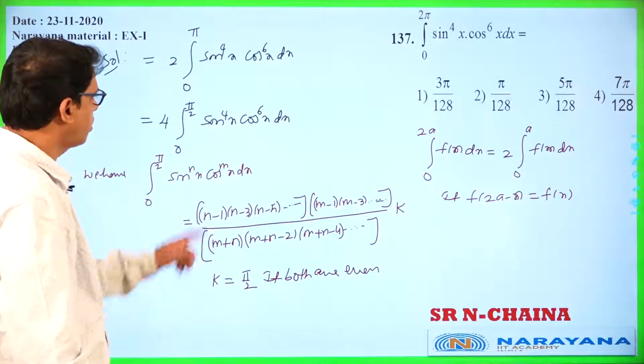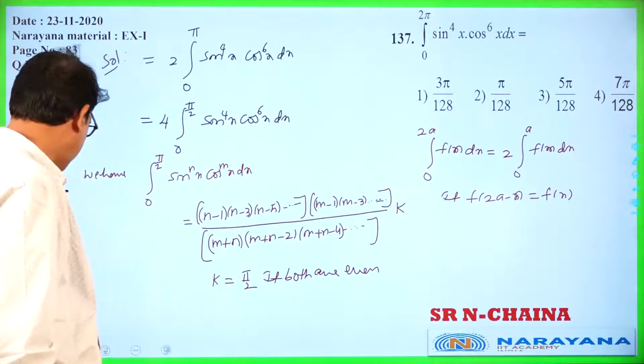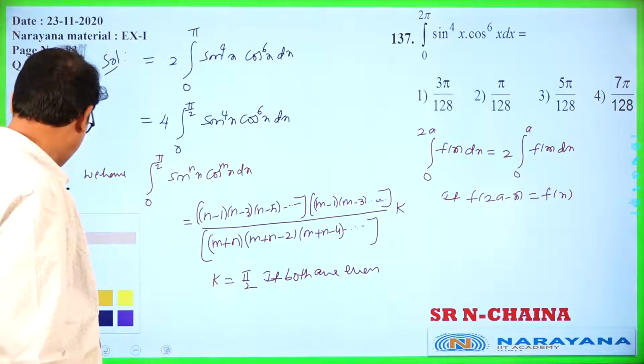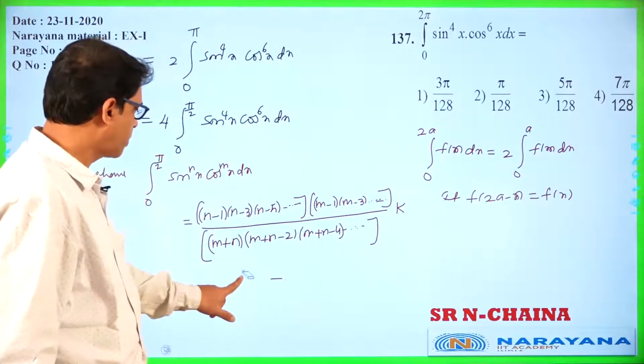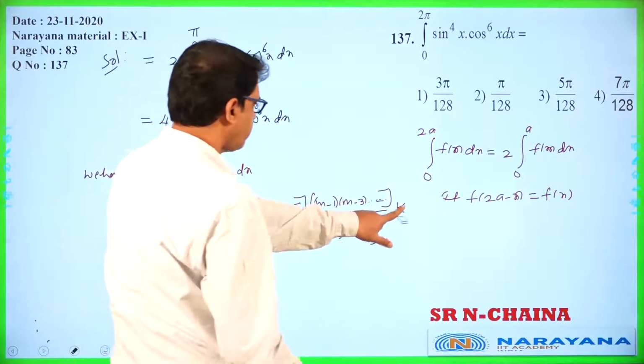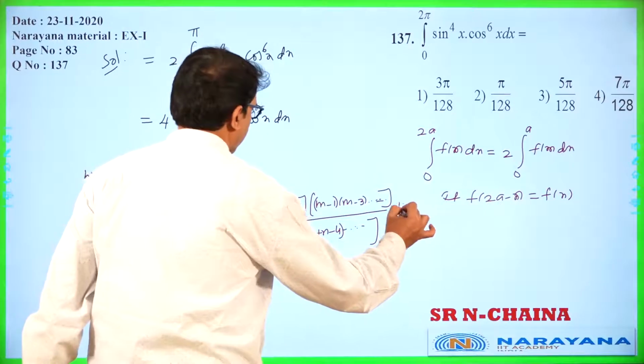See, in our question both are even, no? So in the place of k you can write directly pi by 2, because here both are even. This is the formula.